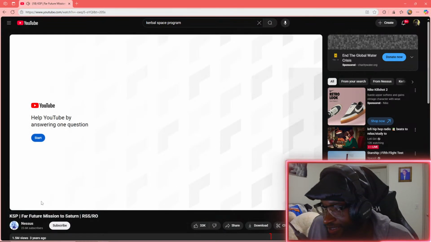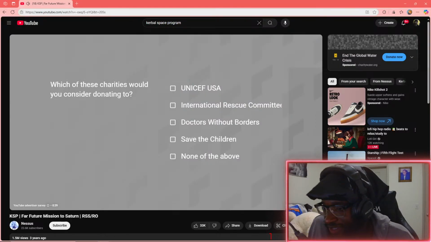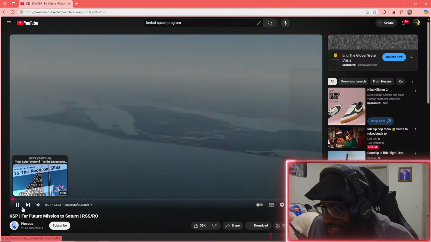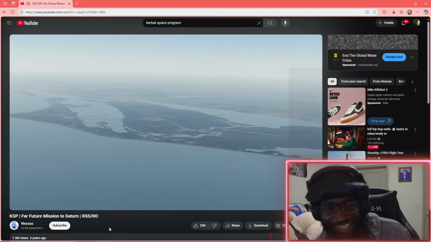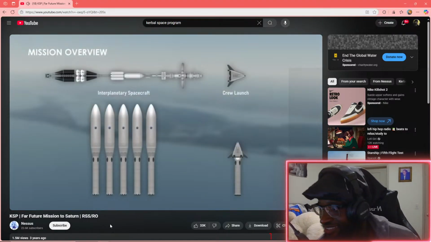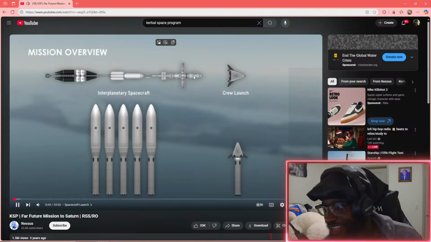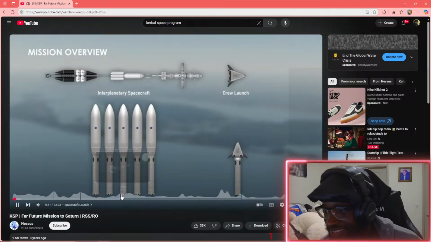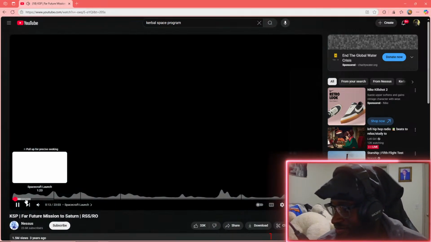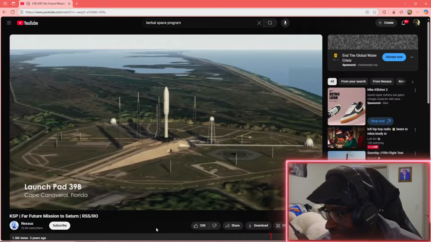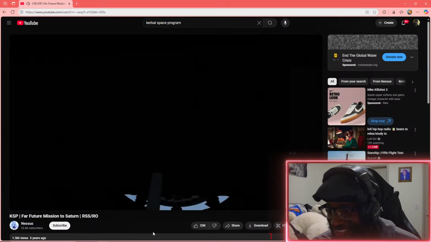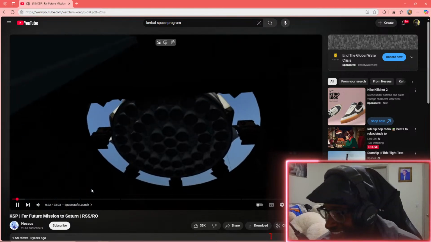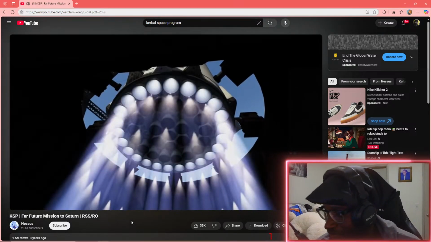Look at this. This guy has a whole mission on the game. Going to Saturn. He has reusable boosters and stuff. Interplanetary spacecrafts. So essentially a real life launch in the game.